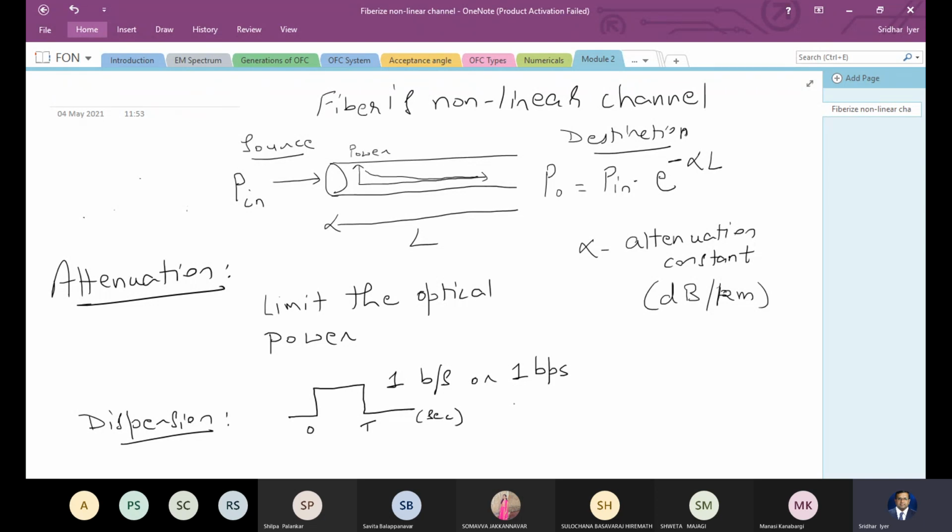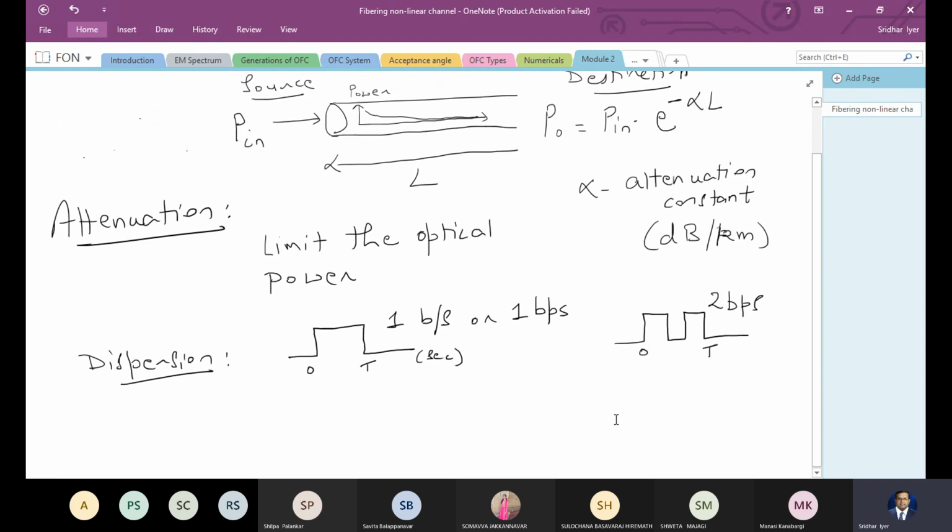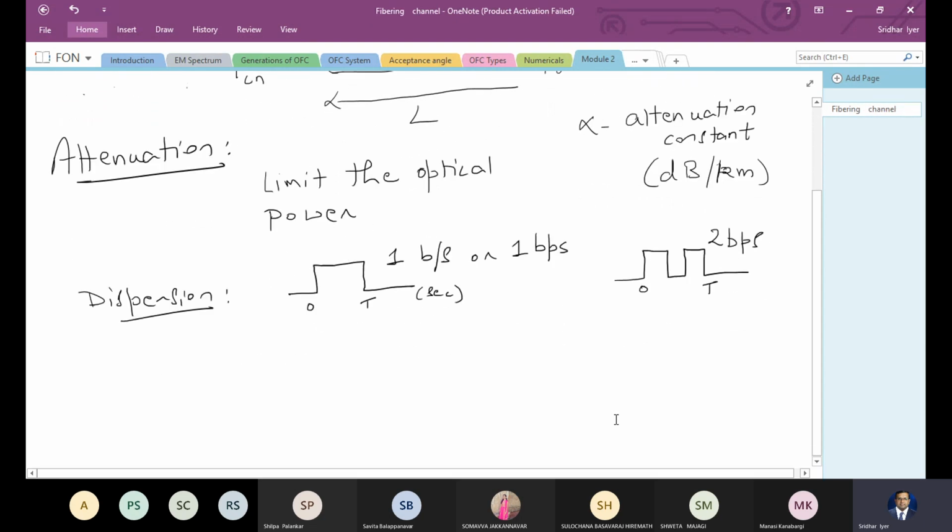If in the same time period 0 to t, I am able to transmit 2 bits, then I say that the bit rate is 2 bits per second, right? This is what, as laymen, we call data. I want higher data. It is actually not higher data, you want a higher data rate, because data is something that you want to view or send. So it is actually a higher data rate, and for a higher data rate you need to pay more, right?